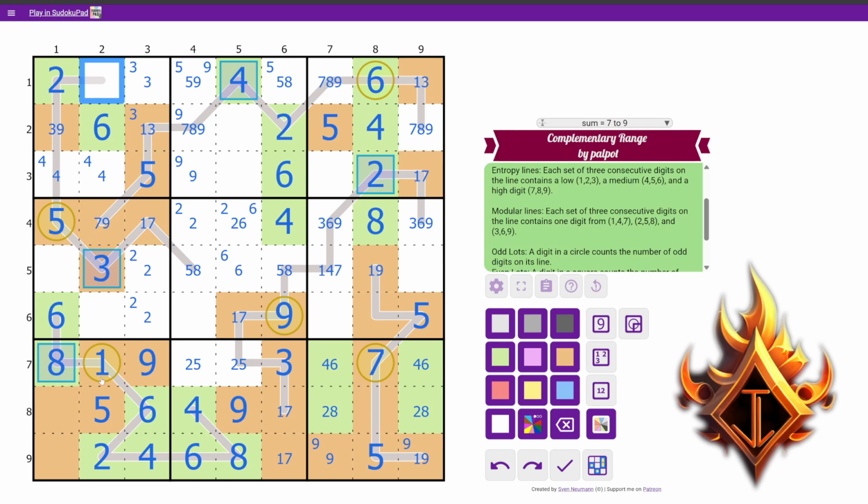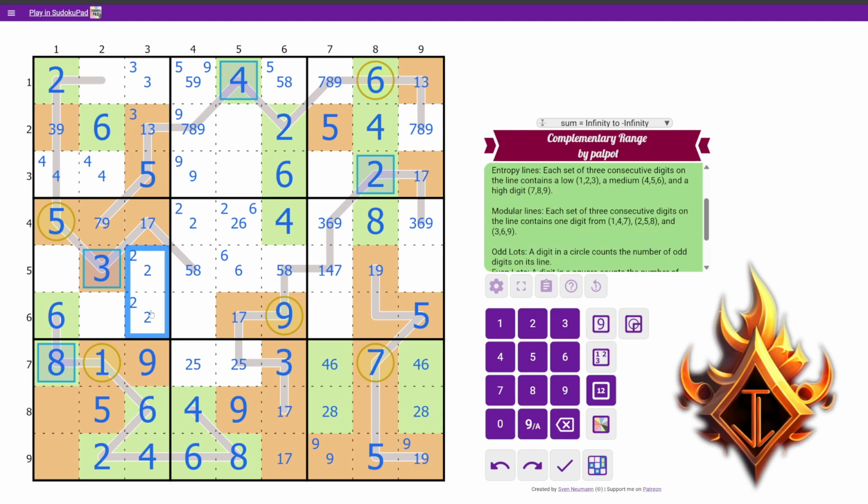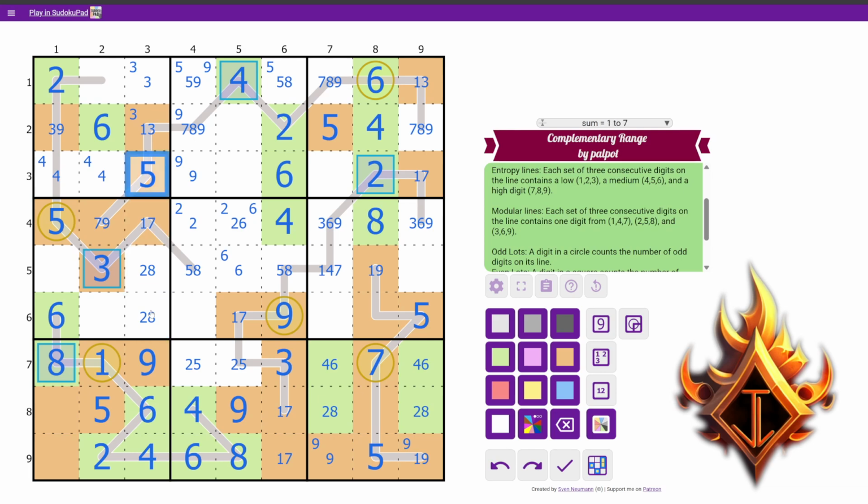And they are both in that column. This cannot be 8. So 8 is here. 2, 8. And this will be 1, 3, or 7.